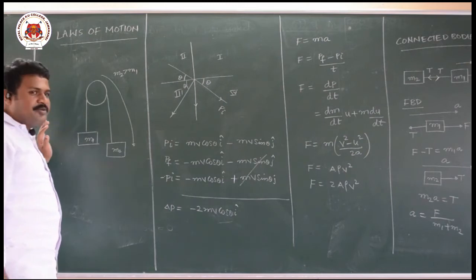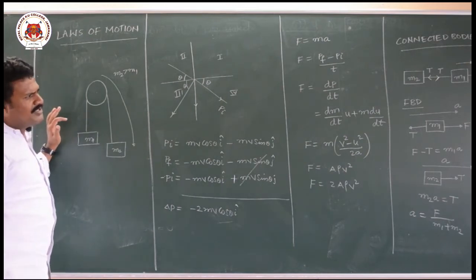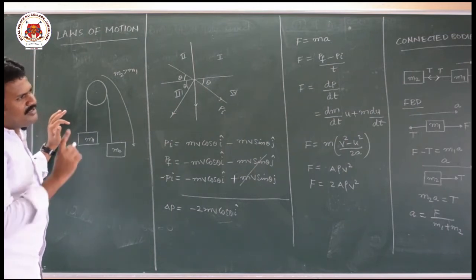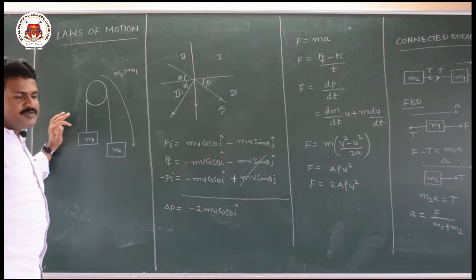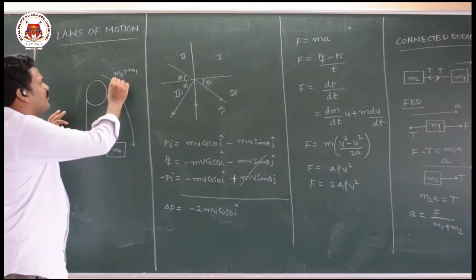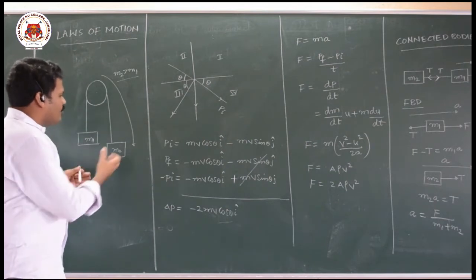Now let us observe what happens here. Some people get confused while taking the direction of tension. Here tension is a reaction force, and based on the condition the direction will change. I assumed that m2 is greater than m1, so m2 will move down.